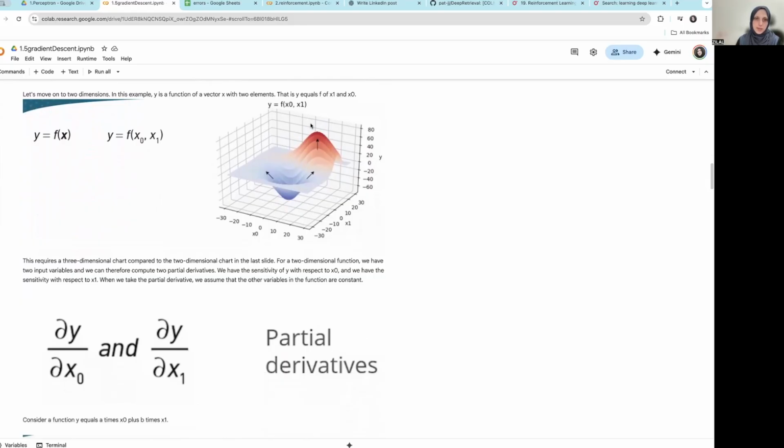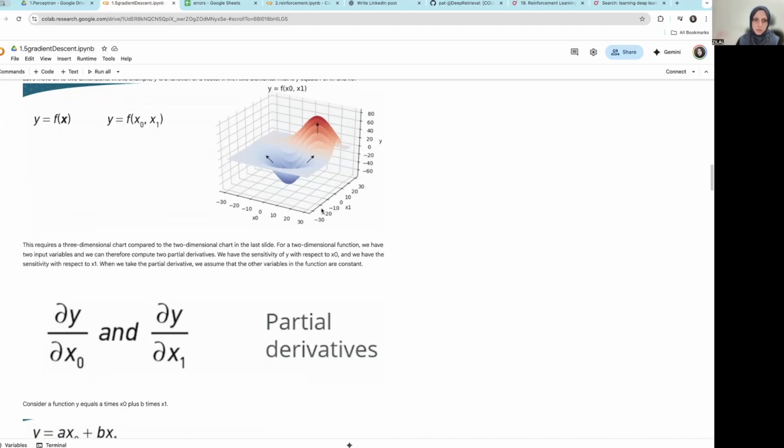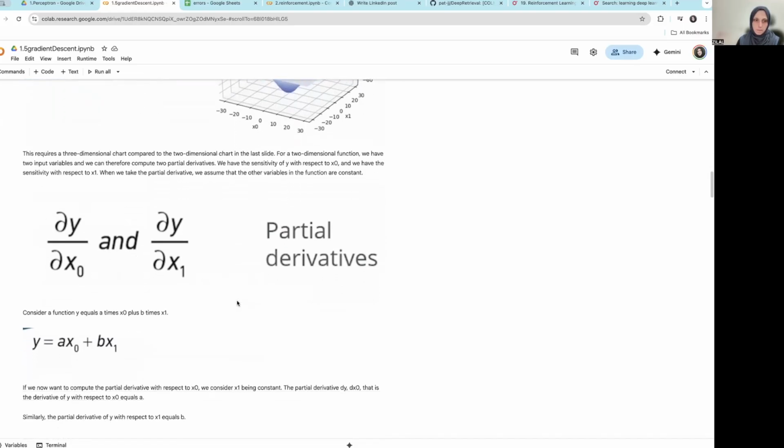This requires a three-dimensional chart compared to the two-dimensional chart in the last slide. For a two-dimensional function, we have two input variables, and we can therefore compute two partial derivatives. We have the sensitivity of y with respect to x0, and we have the sensitivity with respect to x1. When we take the partial derivative, we assume that the other variables in the function are constant.